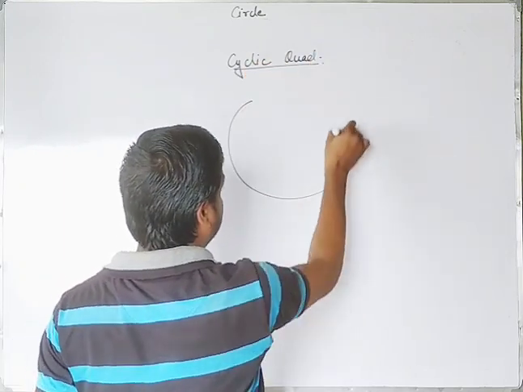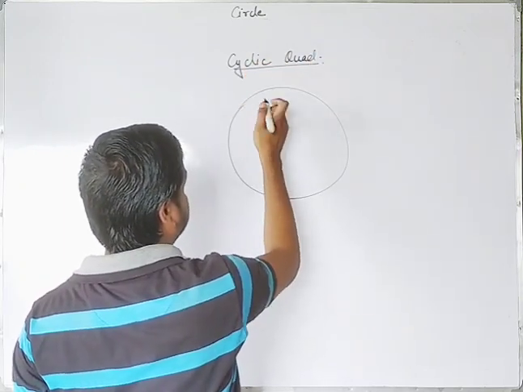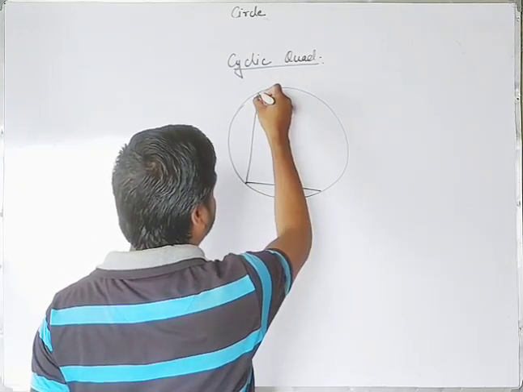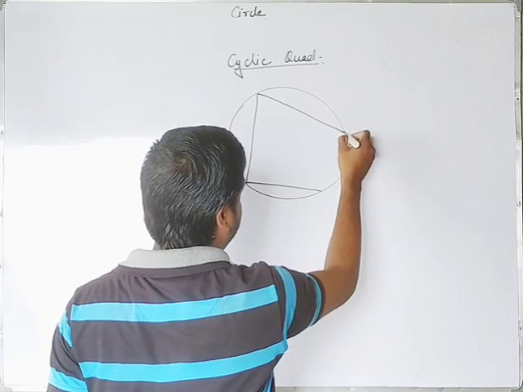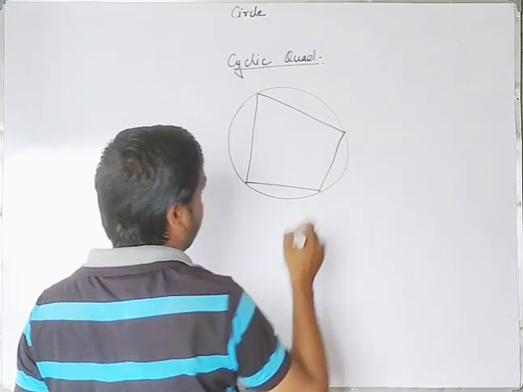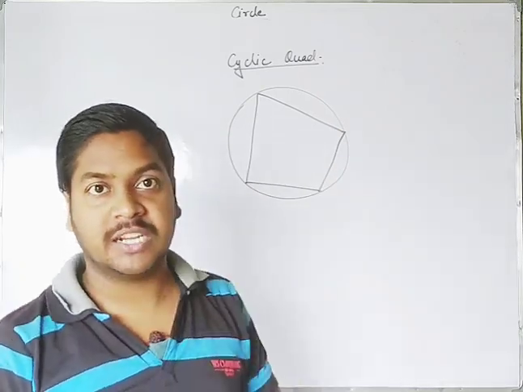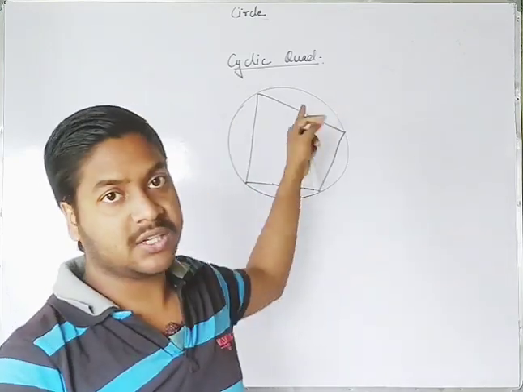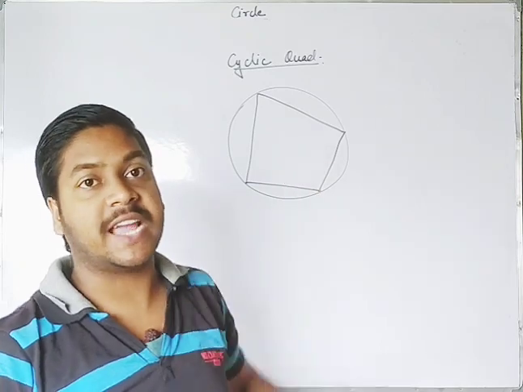Suppose this is a circle, then in this circle I will draw one quadrilateral. Cyclic quadrilateral means a quadrilateral having all four corners touching the circumference of the circle.